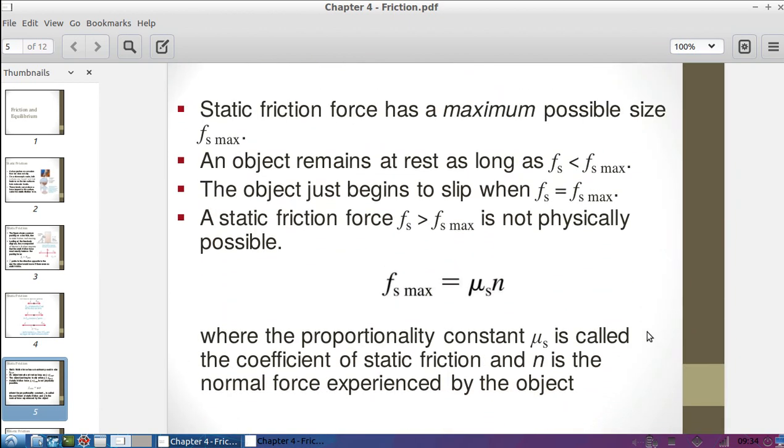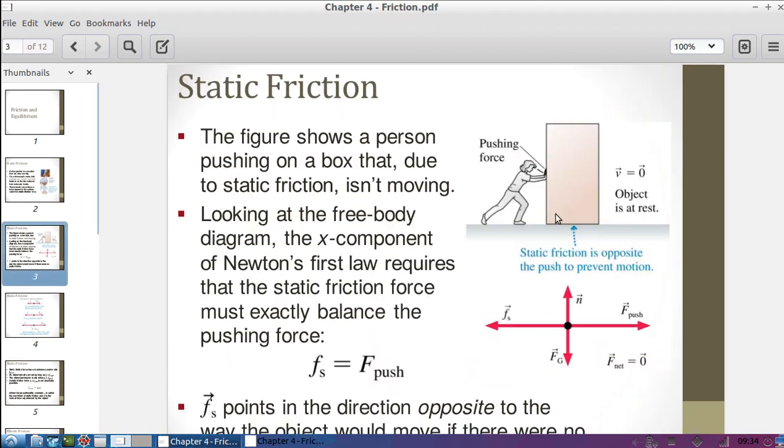So our expression for the frictional force is going to be mu times the normal force. That kind of makes sense. If I go back here, the heavier the object, the greater the normal force would be, the greater the gravitational force would be. And it makes sense from our experience that the more difficult it would be to get that object moving.